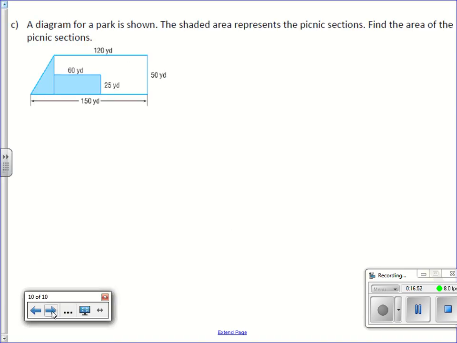Letter C. A diagram for a park is shown. The shaded area represents the picnic sections. Find the area of the picnic sections. So again, we're finding the area of the shaded region. Well, if I look at the shaded region, I see a rectangle, and I have the dimensions, length and width. So let's take care of that first.